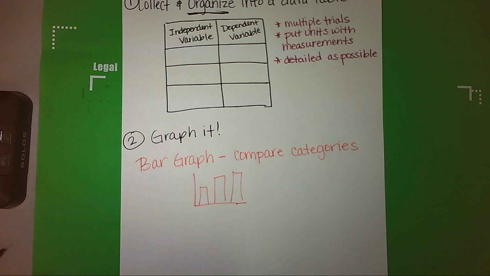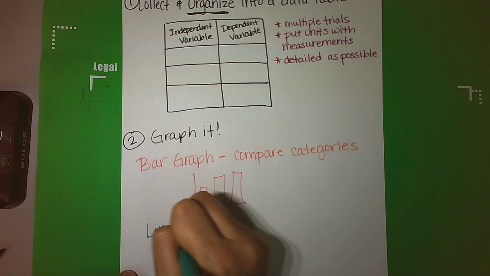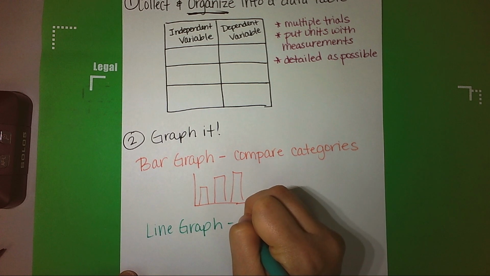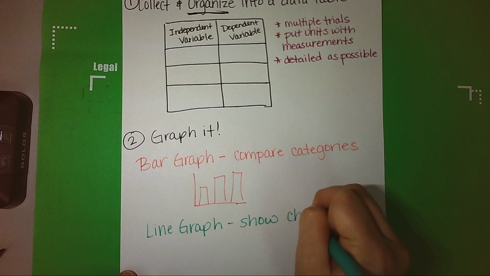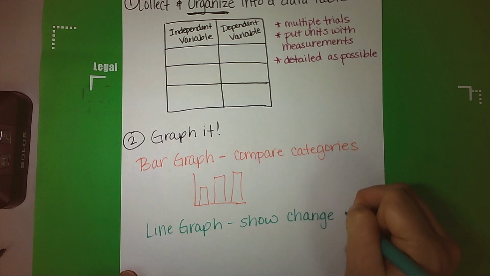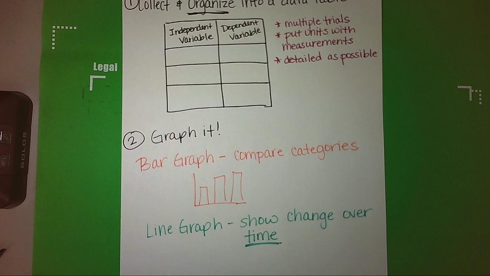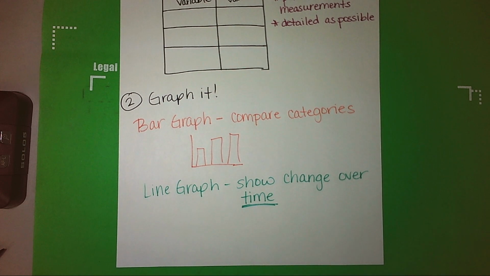Alright, so another one is a line graph. And this is used to show change over time. And this one is very important because if you deal with anything with time, then you would do a line graph if you're showing how something has changed over time.